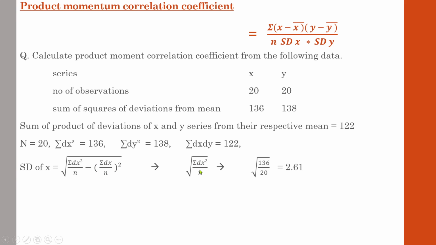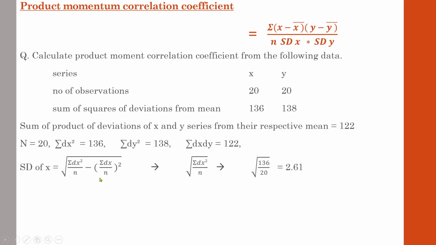So the standard deviation of x is the root of sigma dx square by n. If you substitute the details given in the question, you get root of 136 by 20, equal to 2.61.